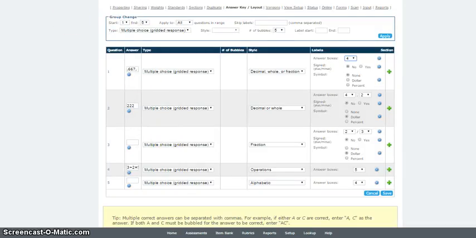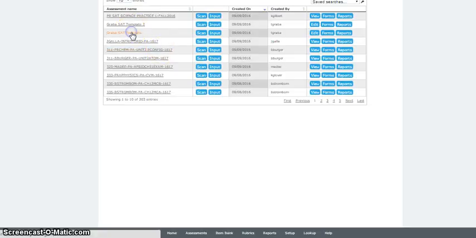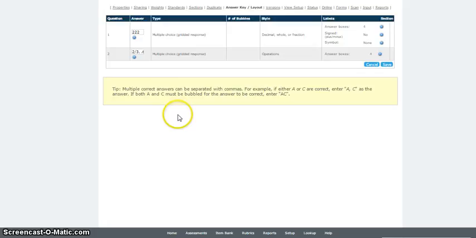I need to get into a different test, so it will take me 1 second to get in there. When you put in your answer keys, if you want to be able to accept multiple answers, you can put that in for the graded response. So I thought 2/3, 2 divided by 3 would be an acceptable answer, so I put that in. Then you just put a comma before the next one that you want.